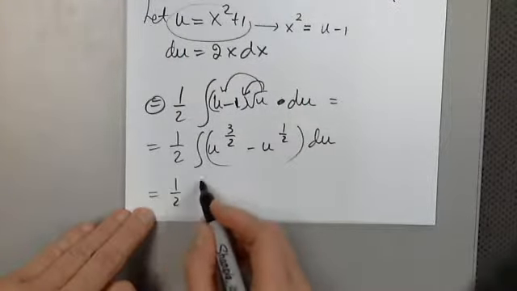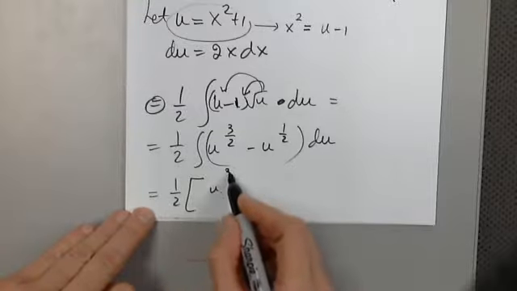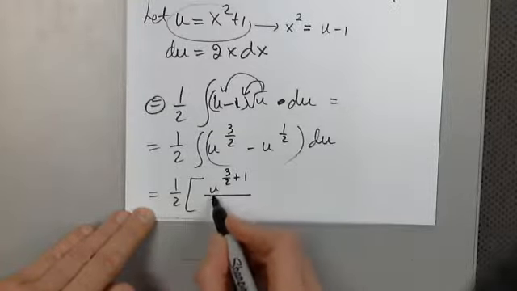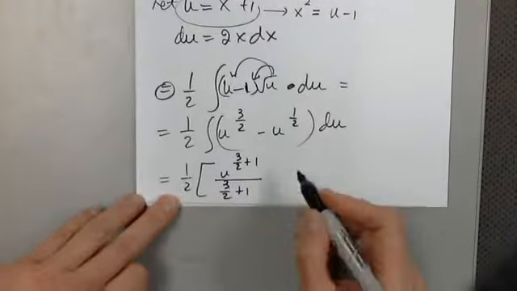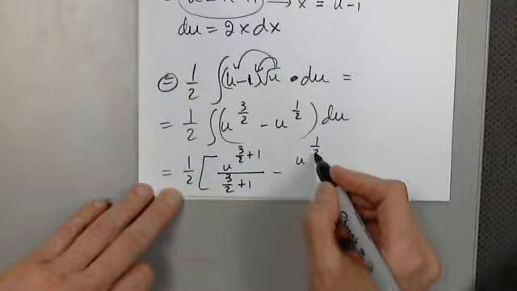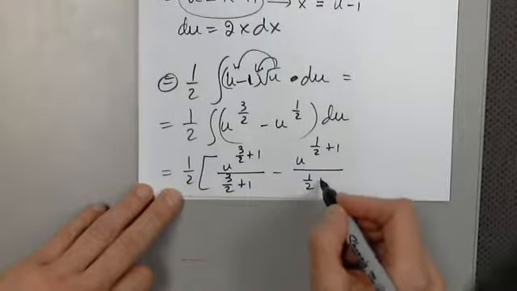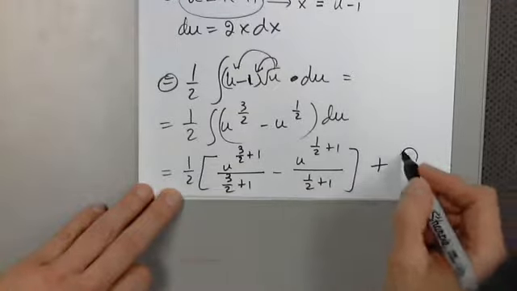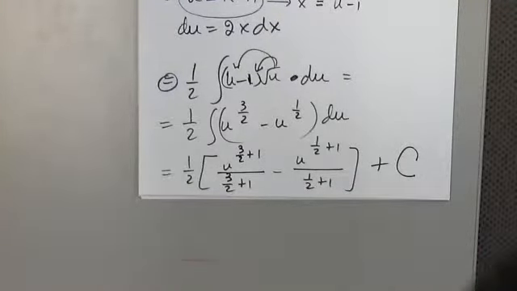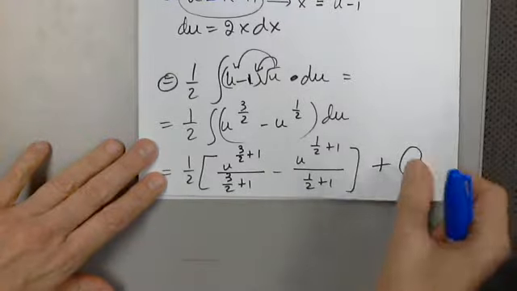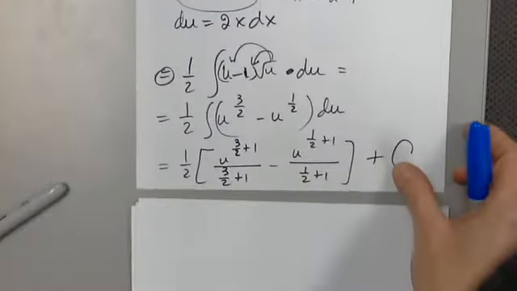So there is 1/2 in front, and u to 3/2 plus 1 over 3/2 plus 1, minus u to 1/2 plus 1 over 1/2 plus 1, plus a constant c. Yes, I have to fully simplify it and go back and replace u by x squared plus 1. Questions, please, before we do that.